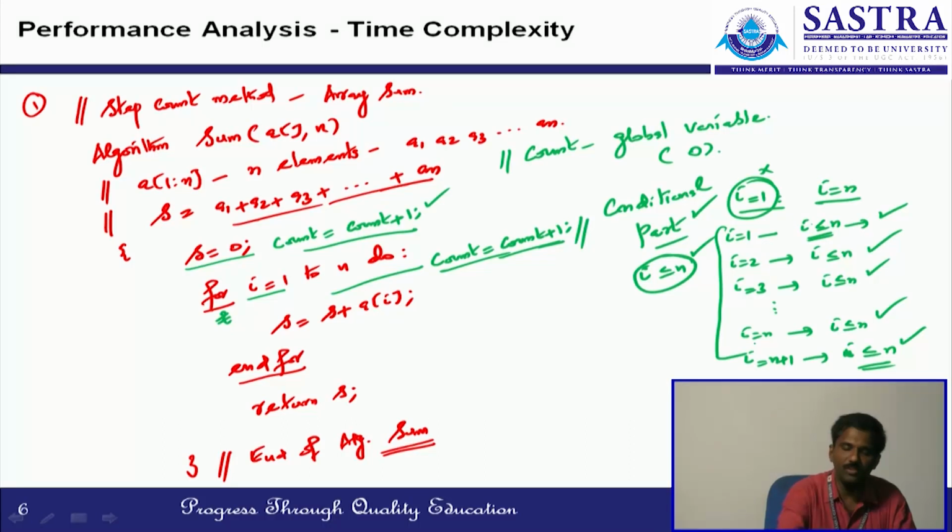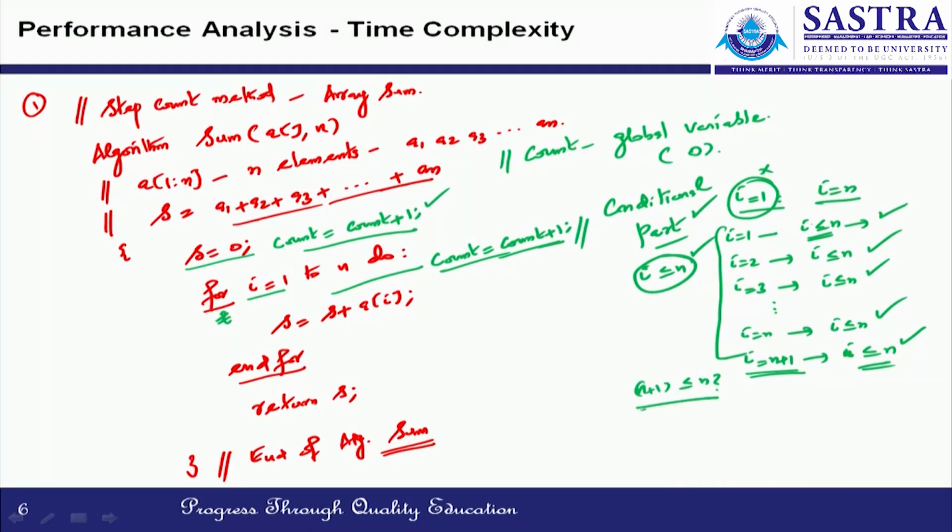Because only if the condition is true does control go to execute the body of the for. When the control comes out of the for, what happens? When I becomes n plus 1, checking if n plus 1 is less than or equal to n, this conditional test count is not included in that count statement, because the condition becomes false.